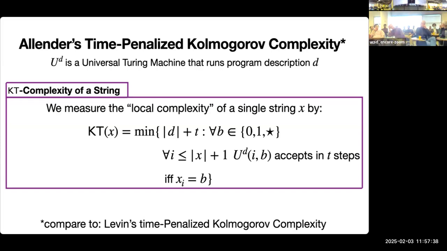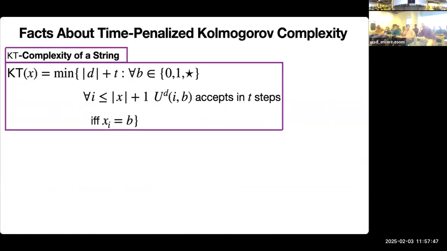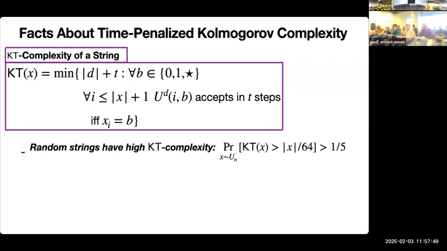Any other questions about K big T complexity? No? Okay. So we kind of scooted up, and let me give you some facts about it. First fact, random strings have high K big T complexity. A while ago, on the title slide, I struck out the word random and replaced it with the word complex.